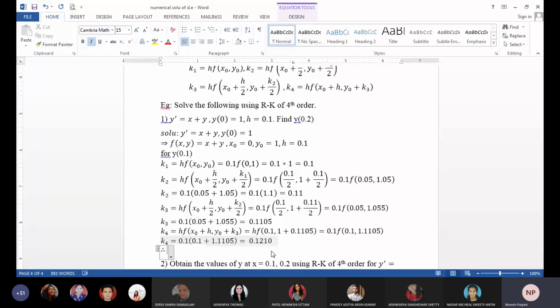Therefore, y1, that is y of 0.1. What does the formula say?